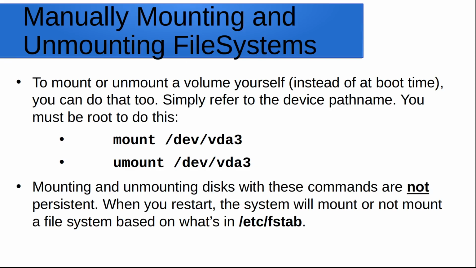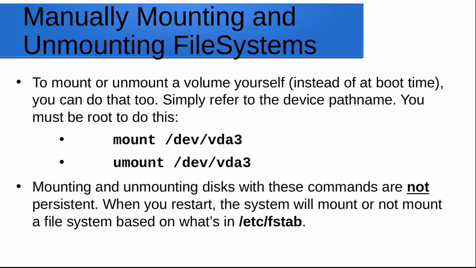Now, aside from using mount -a, you might want to mount or unmount a single volume on your own instead of at boot time, and you can do that. You just specify the device path name. So mount /dev/vda3, for example, would mount that partition.